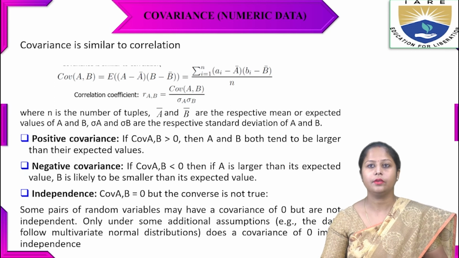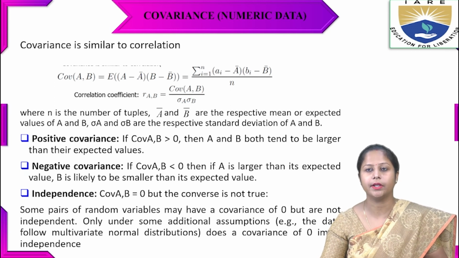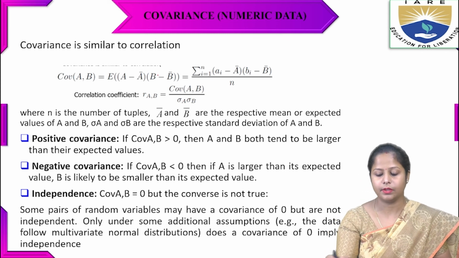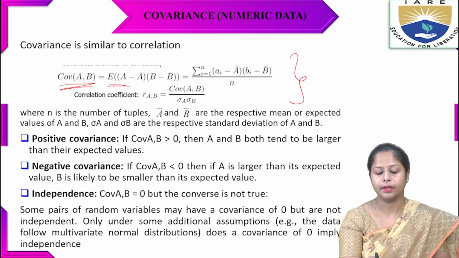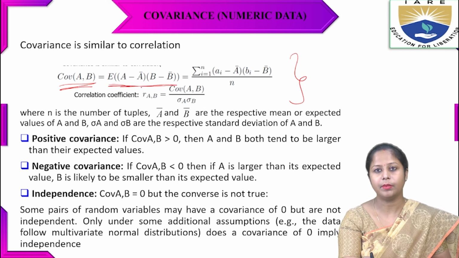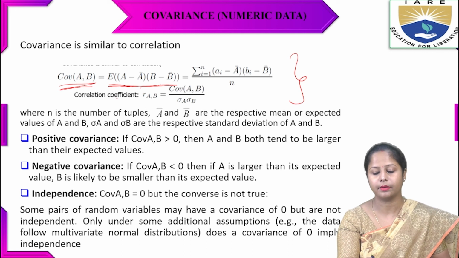Covariance analysis for numeric data. Covariance is similar to the correlation that we have seen. The formula: covariance of A and B is E of (A minus A bar) times (B minus B bar).